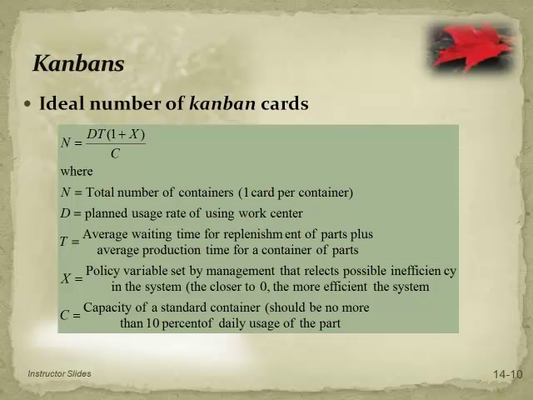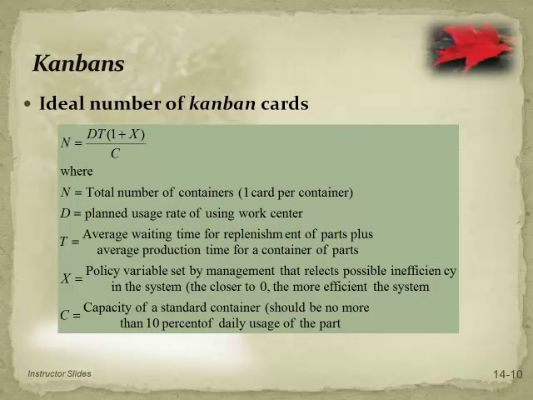The letter D represents the planned usage rate for that material at that work center. So we consume about so many of these units per hour, per day, whatever. The letter T represents the average time it takes us to get a resupply of that part whenever we run out.